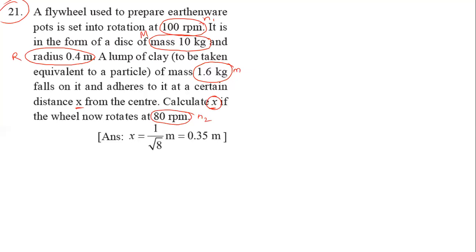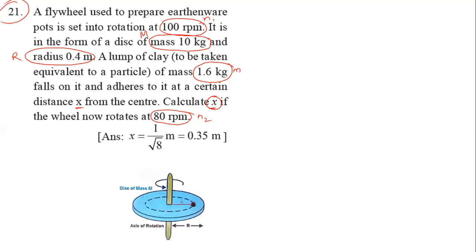Now let me represent everything in a diagram. So this is a disk, it is rotating about this axis. Now at this point a lump of clay falls, which is at a distance x from the center. Now here we have to calculate this distance x.